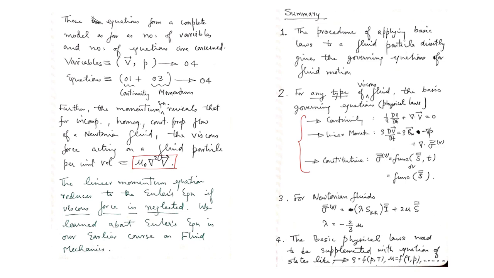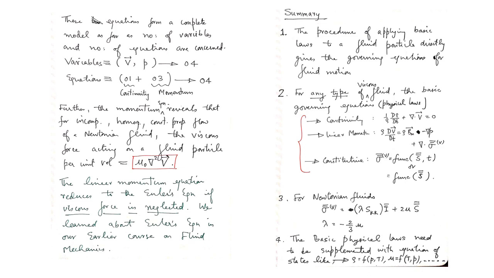So there's a lot of consistency going on here as far as what we know in the past and what we are adding in terms of knowledge. So the viscous force is the new addition that we have achieved from our efforts so far.